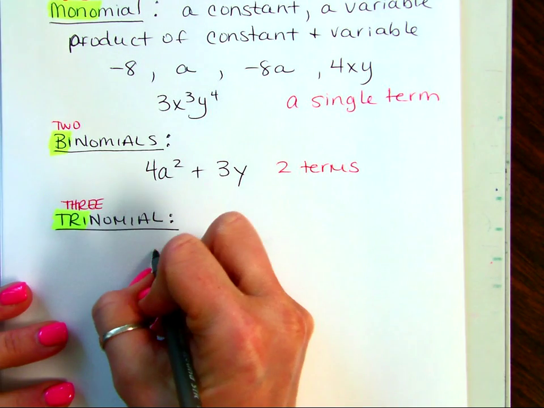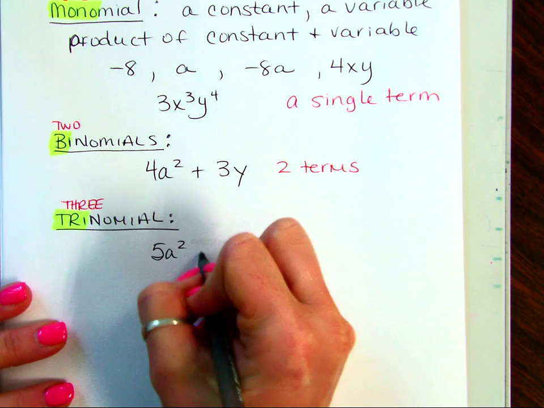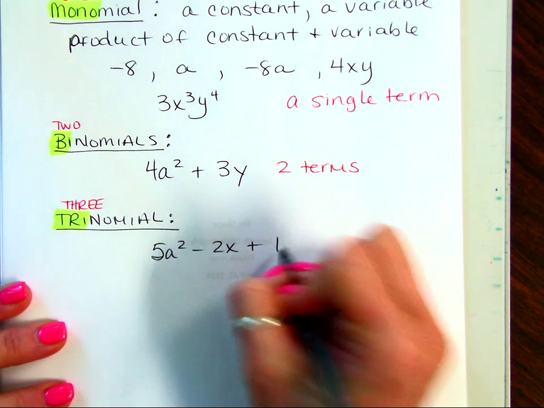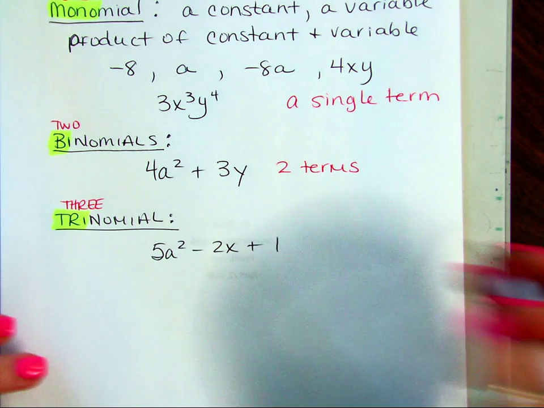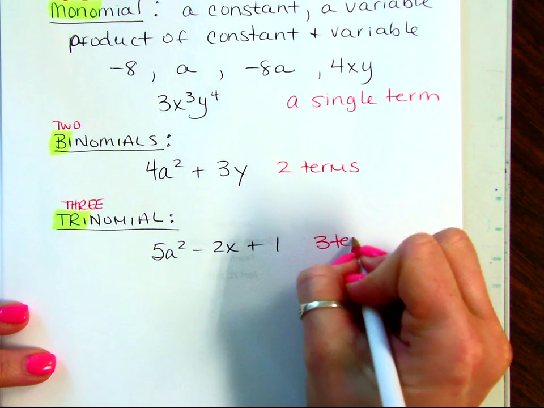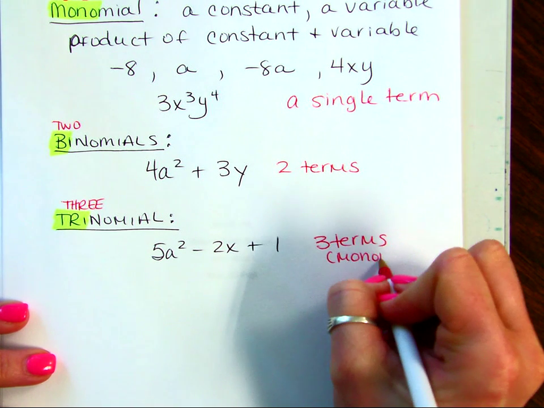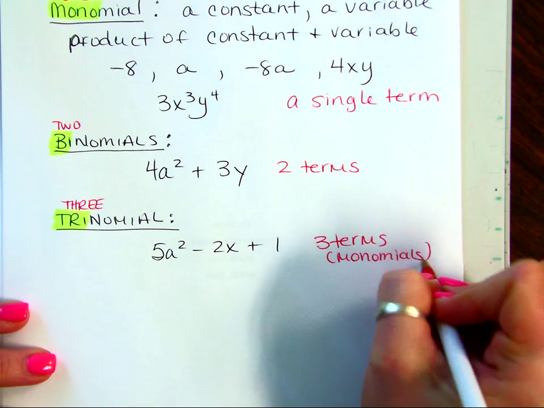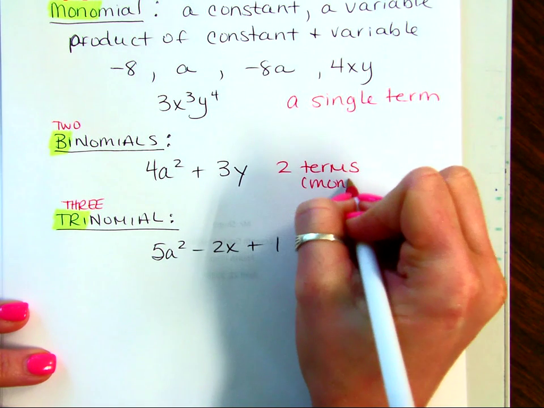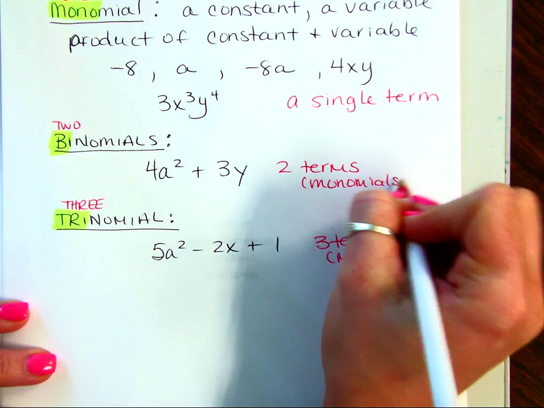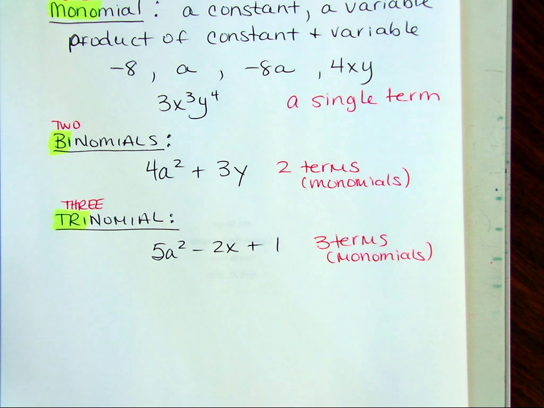So like, whatever, 5a squared minus 2x plus 1, trinomial. It's actually made up of 3 terms that are all monomials, right? Okay?